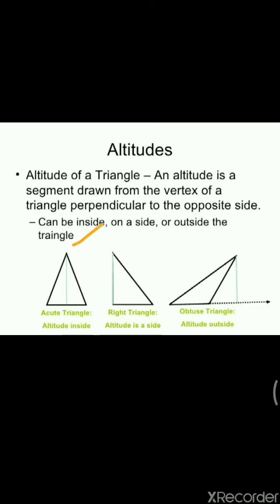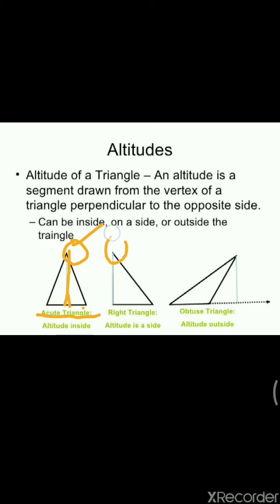In acute angle triangle, this is the vertex and this is the opposite side. If you draw perpendicular from this vertex to the opposite side, this is an altitude. Remember, median was that it is joined to midpoint. Now we are doing altitude. It is perpendicular.